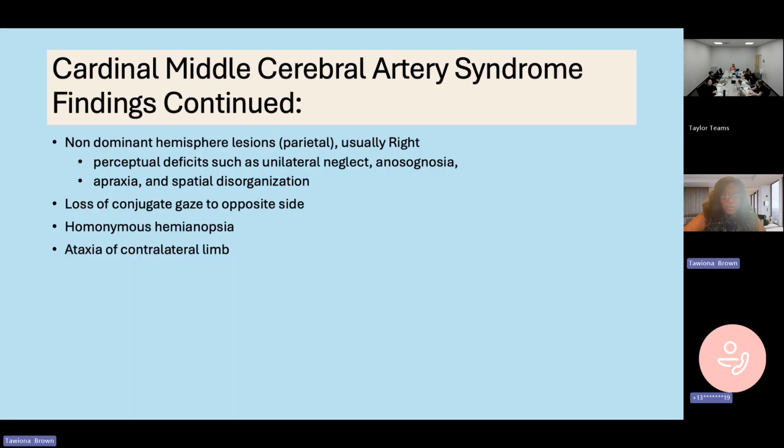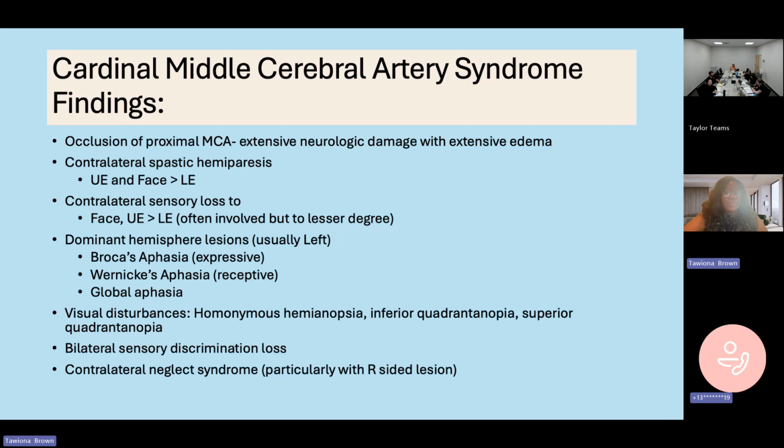So with those cardinal findings, you're going to have contralateral hemiparesis of the upper extremity and the face more so than the lower extremity. Know that when I'm saying more so, the lower extremity still might have some effect, but it's primarily going to be through the face, where you're going to see that facial drooping and upper extremity issues.